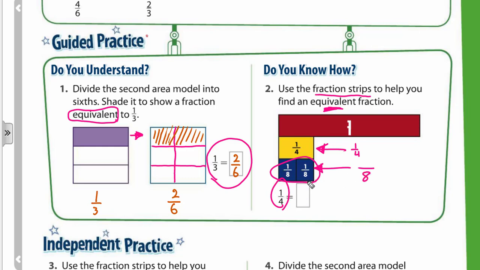And how many eighths do we have? One, only one? These are not one. This is two, right? So the equivalent fraction here is 2/8. Excellent. Thank you, my hero. Good work. Okay, my heroes, any questions?